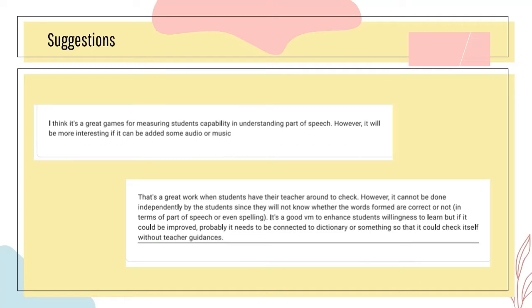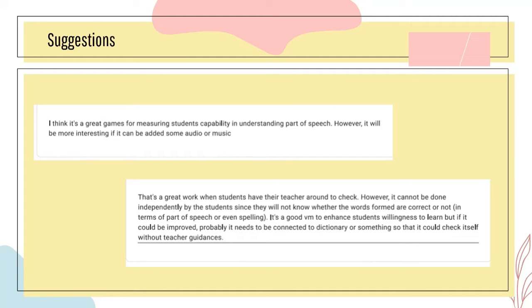And this is about the general remarks, including the suggestions from the experts. The first expert thinks that this is a great game for measuring students' capability and understanding of part of speech. However, it is suggested that it would be more interesting if some audio or music were added.